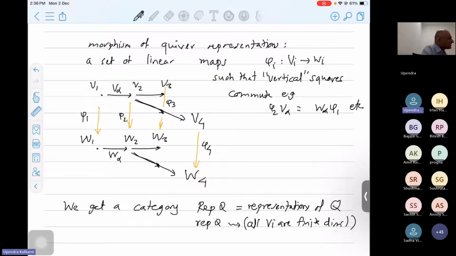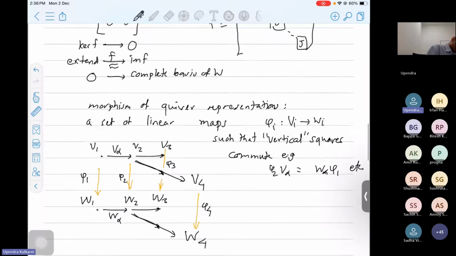That means I just take the same morphisms as before, but I just insist that all my representations are finite dimensional.